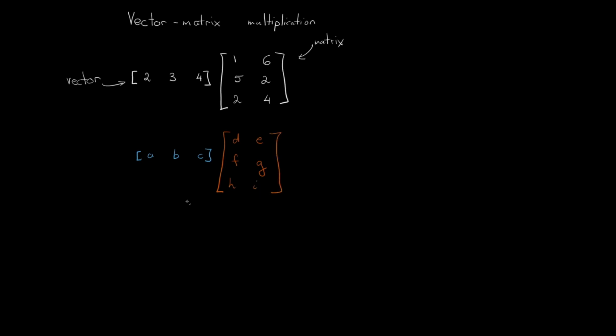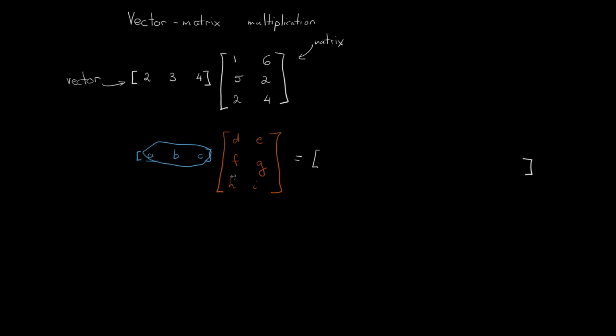Okay, so if we have something like that, if we put them next to each other, it's a bit like putting 2 numbers next to each other. It usually denotes multiplication. So how is this thing defined? Well, it's a very mechanical procedure. What we do is we firstly take this row and multiply it by this column.